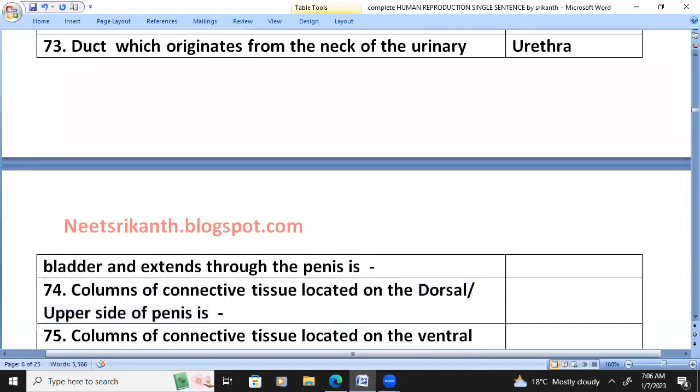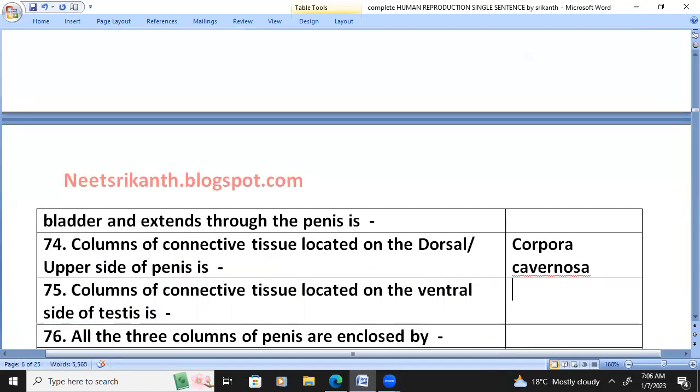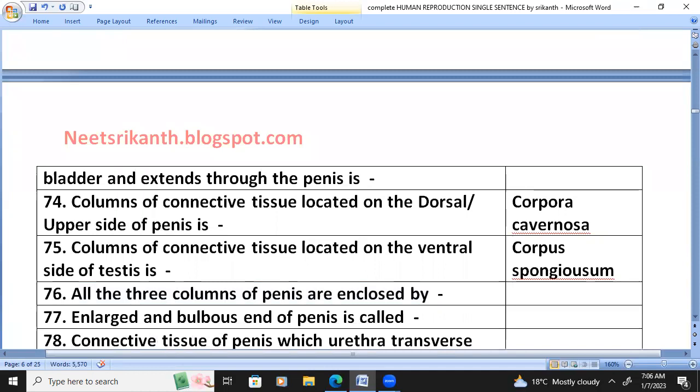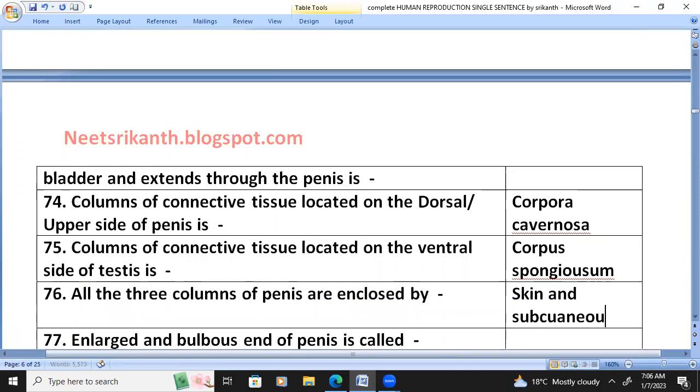Columns of connective tissue located on the dorsal or upper side of the penis are corpora cavernosa. Column of connective tissue located on the ventral side is corpus spongiosum. All 3 columns of penis are enclosed by skin and subcutaneous layer.